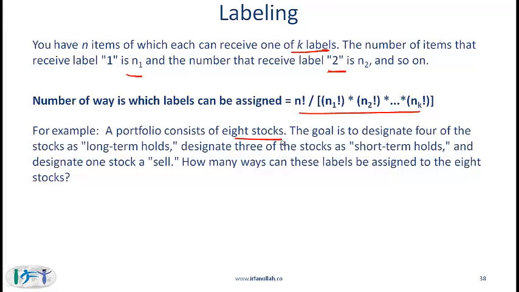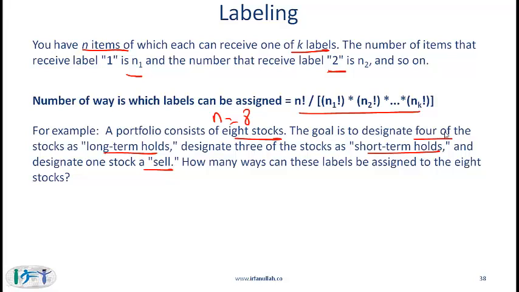A portfolio consists of 8 stocks, which means that n is equal to 8. So you have n items, here we have n stocks, so n is 8. The goal is to designate 4 of the stocks as long-term holds, designate 3 as short-term holds, and designate 1 stock as a sell.